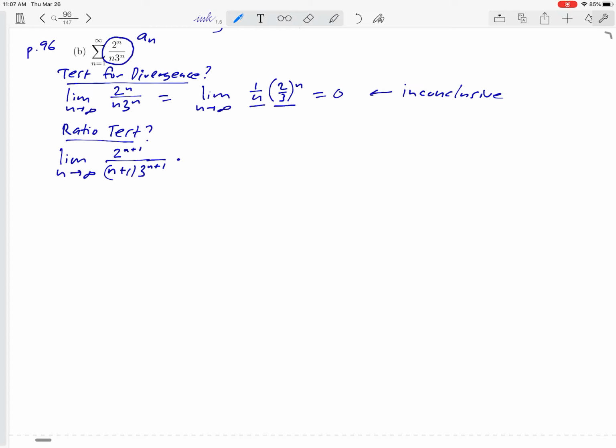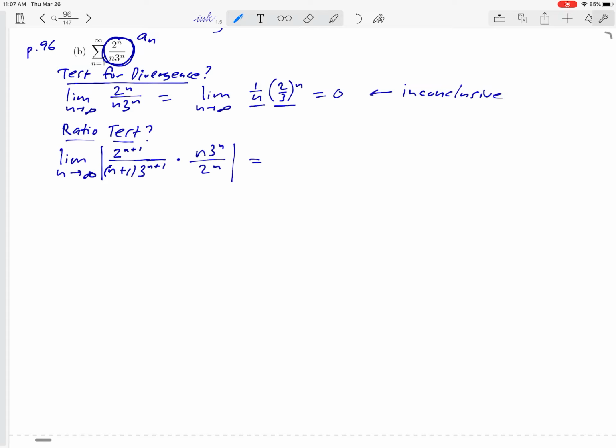Then we need to divide by a sub n, which means we multiply by the reciprocal of a sub n, taking the a sub n and flipping it over. One thing I did not do quite right: we need absolute values when we use the ratio test. So we'll rewrite it like that.